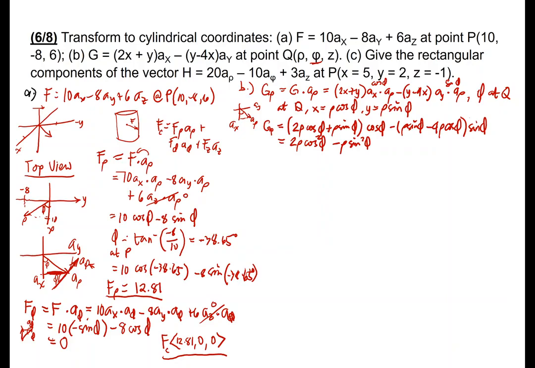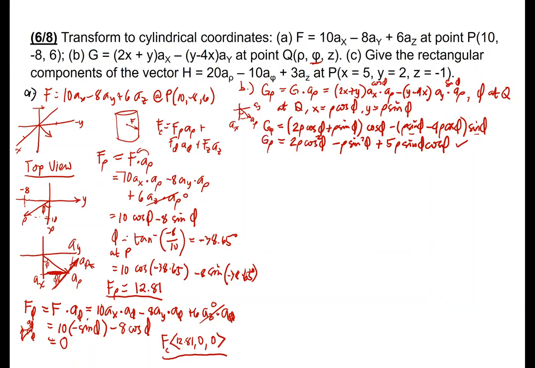When you multiply this sine phi in the second term, this becomes sine squared phi, and then plus 5 rho sine phi cosine phi. We multiply rho sine phi in the first term times cosine phi minus 4, so it is plus 4 cosine, so this becomes 5. Okay, so this is our magnitude for the rho.